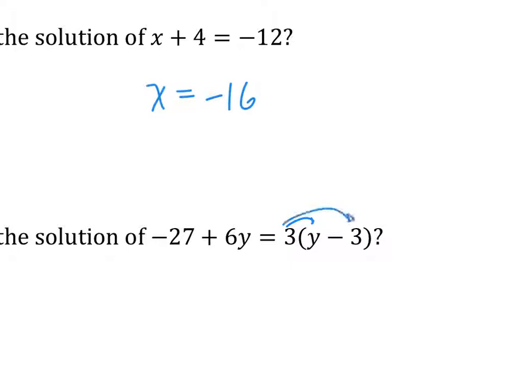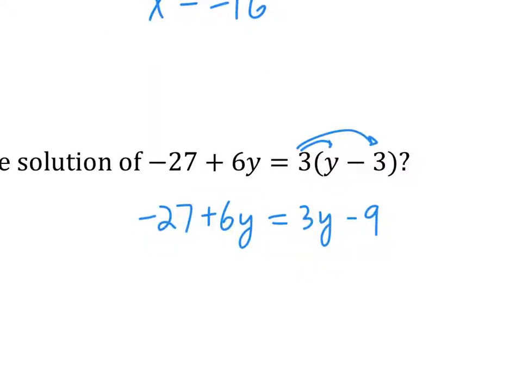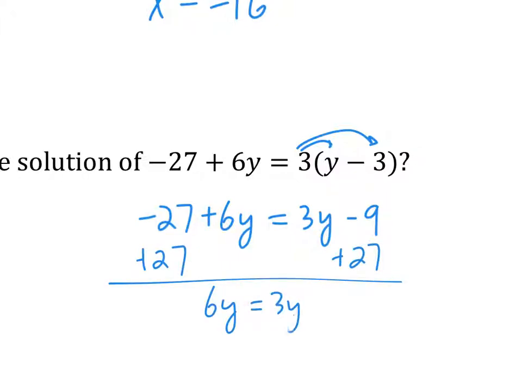Distribute, yeah. We want to distribute first. So that's negative 27 plus 6y equals 3y minus 9. And then what do we do? Add 27. Okay, add 27 on both sides. So that's 6y equals 3y plus 18.